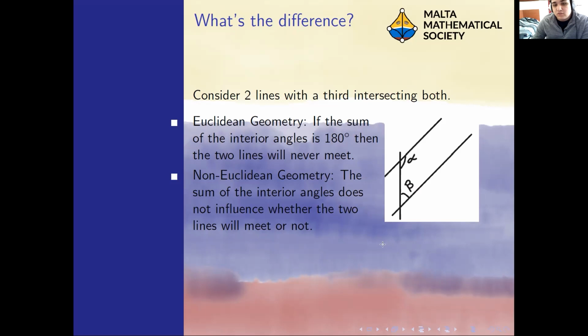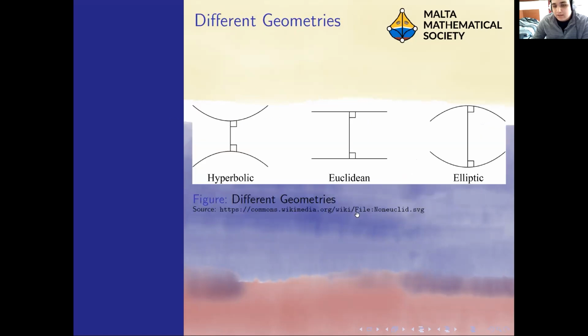This leads to two other possibilities: if they never meet, then either they diverge or they converge. So there are three different types of geometry that come out of this. You have hyperbolic geometry, where lines diverge away from each other; Euclidean geometry, where, as I said before, they remain parallel; and elliptical geometry, where they converge.